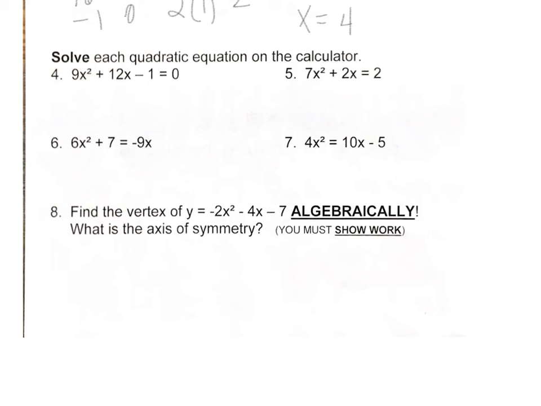So one intercept is 0.07, comma 0. I can't get it to go right. And then second calc 5, enter. Second calc 5, enter.